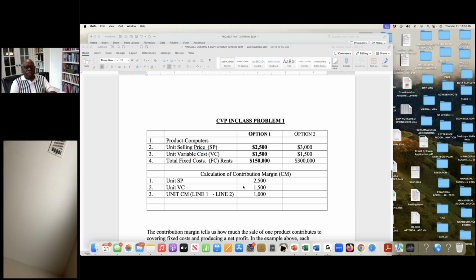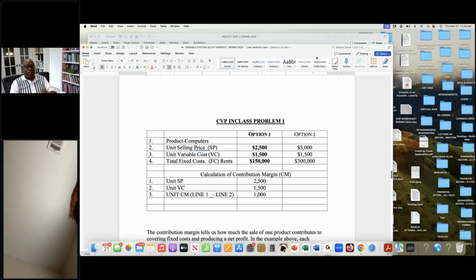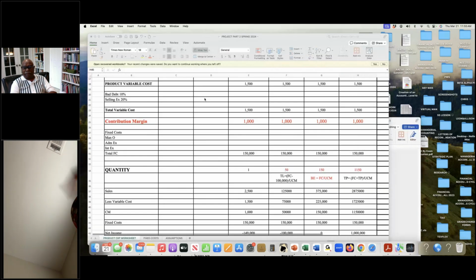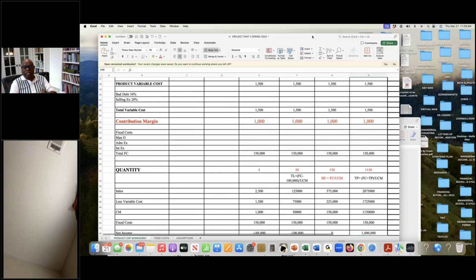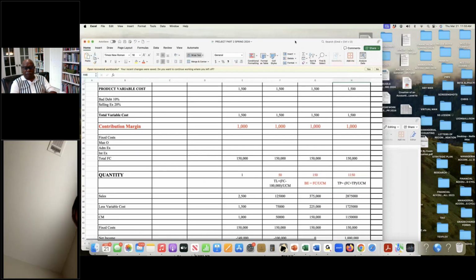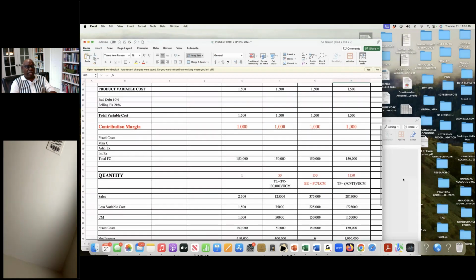You go back to the other sheet we was just working on. Okay. Now, our numbers are what? 3,000, 1,500, and 300,000, right? Everybody see that, right? So let's go to the Excel sheet. We said the selling price is now what? 3,000, right?